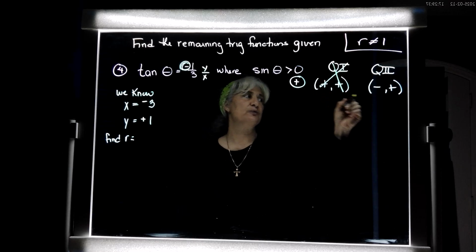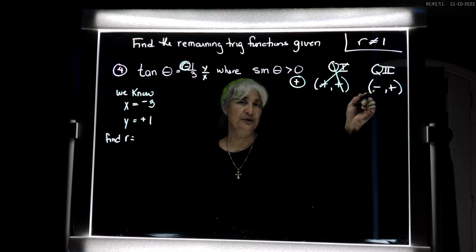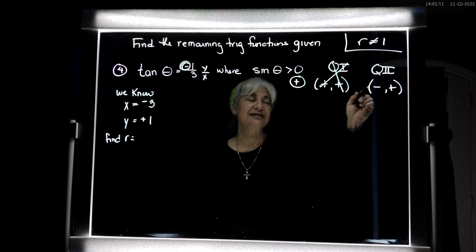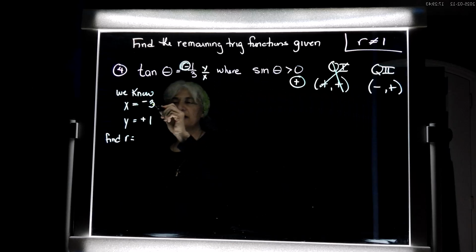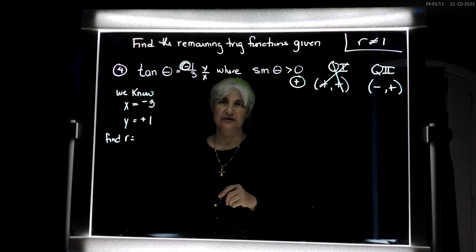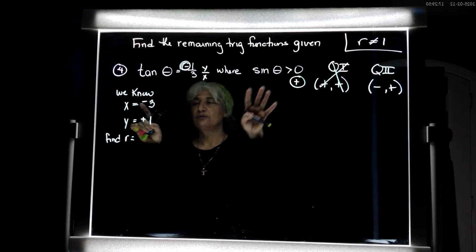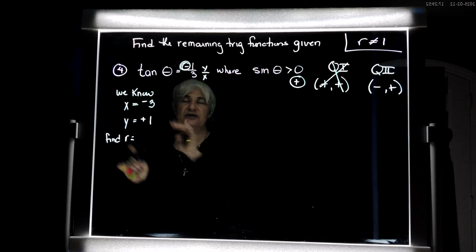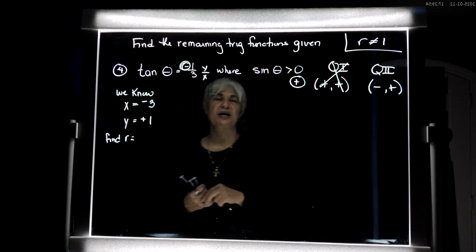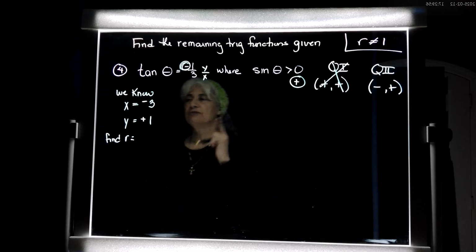So it can't be quadrant 1. So theta has to be in quadrant 2 where x is negative and y is positive. So this just confirms my thinking process here. Good? Okay, gotta find r.